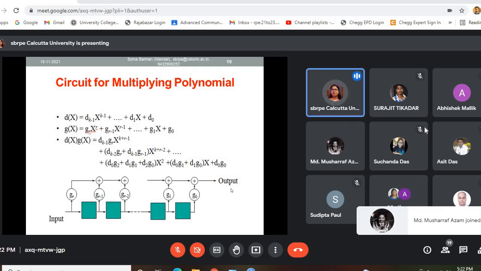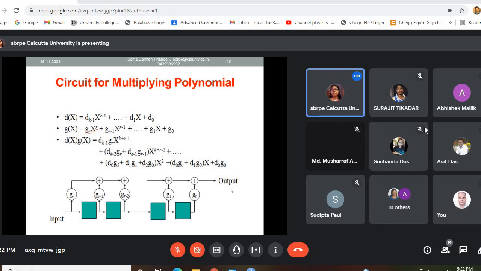Now the circuit for generation of the cyclic code by means of a shift register and modulo operation will look like this.